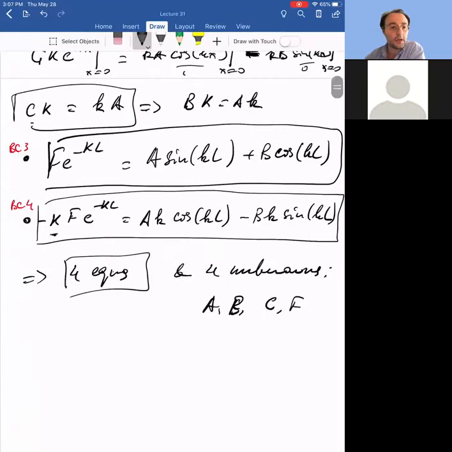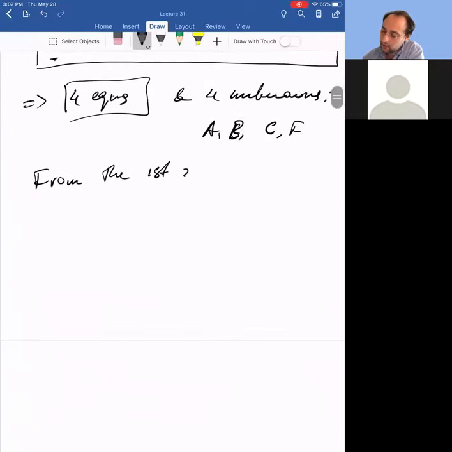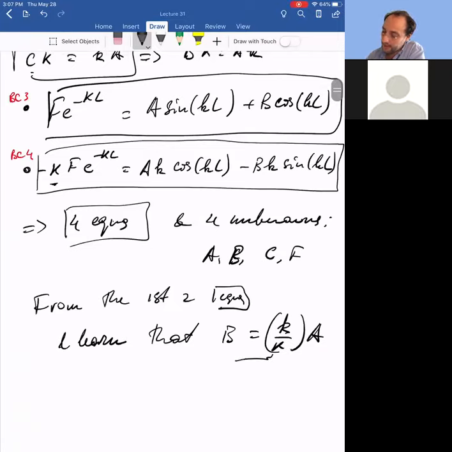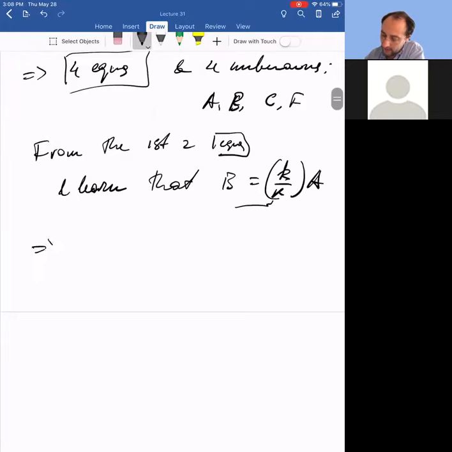And so from the first 2 equations, I learn that B equals k over kappa times A. And so I'm going to substitute that into the last 2 equations.